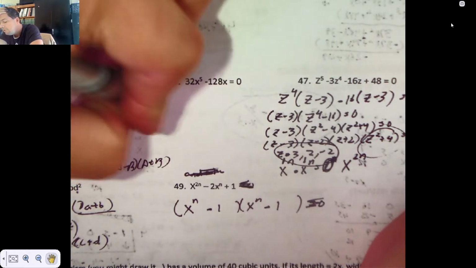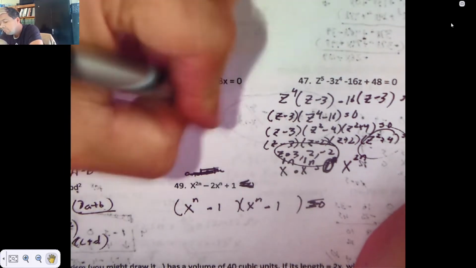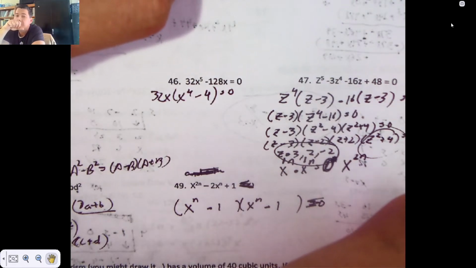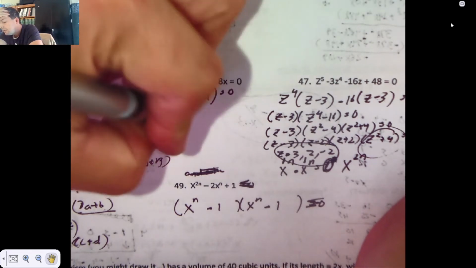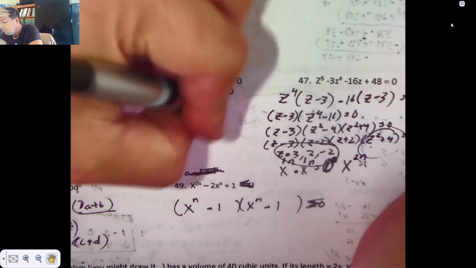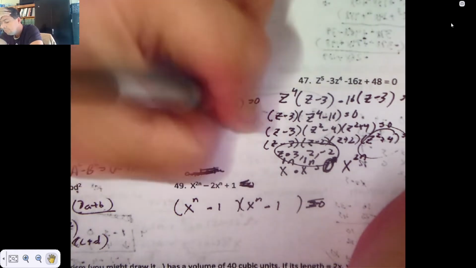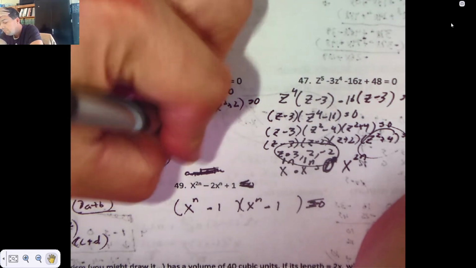I'm going to pull a 32x because I can. So 32x to the fifth minus 4x is 0. Gonna factor because I can. Gonna rewrite these equal to 0 because I can.